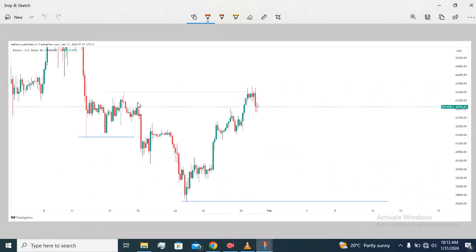On the 4-hour time frame, this is what is happening. You can see rejections, a lot of rejections. The liquidity was swept.